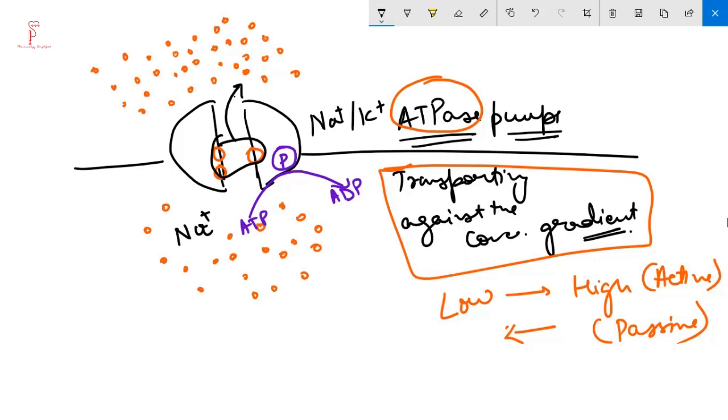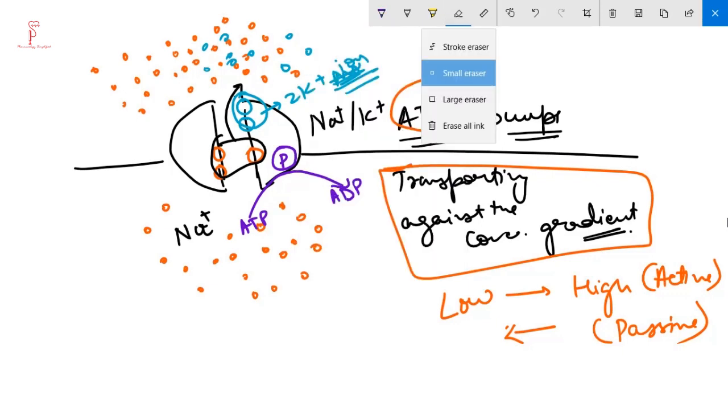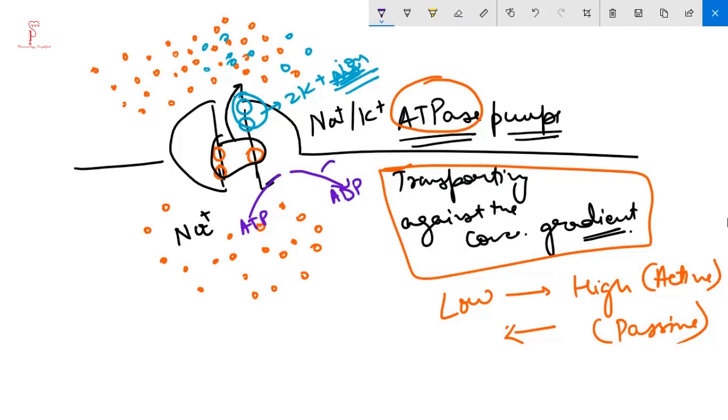And as soon as these sodium molecules are pumped outside of the cell, what happens? We remember those potassium molecules that have gone outside during the repolarization phase. Now the pump binds two potassium ions, and as soon as these two potassium ions bind, this phosphate molecule detaches.